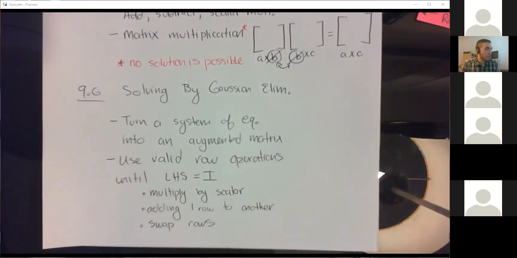However you play the game, you play it up until your matrix looks like the identity matrix on the left-hand side, and then your right-hand side has become the solution. I will not ask anything bigger than a 3x3 here. For this part, I will probably ask 1 or 2 2x2s at most, and at absolute most 1 3x3, just because this is time consuming. And like I said, the thing that I'll be grading is the work.